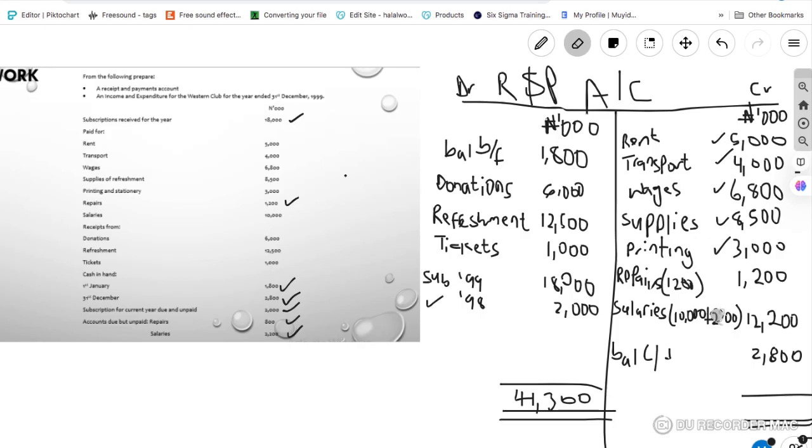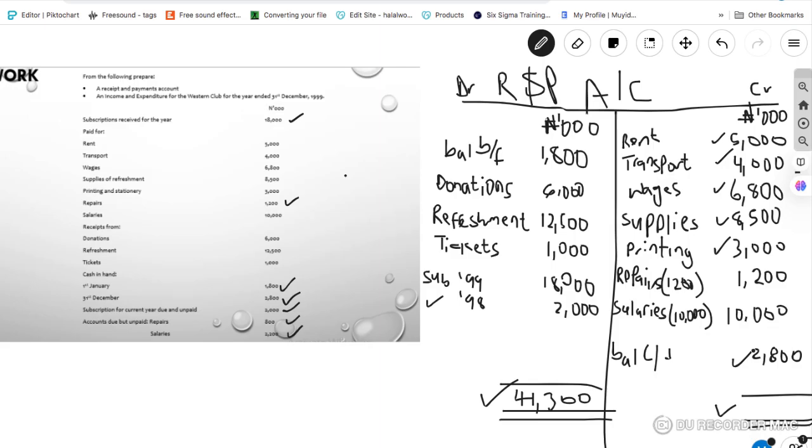So let us go ahead and blot every form of accruals. Let us take them off. So we're not considering accruals, like I mentioned earlier, in the receipt and payment account. Only every item that has to do with cash transactions. So let us take this off. Let's take this off too. So that will be 10 million, because the figure here has to be the same figure here because we already have a balance carried down.